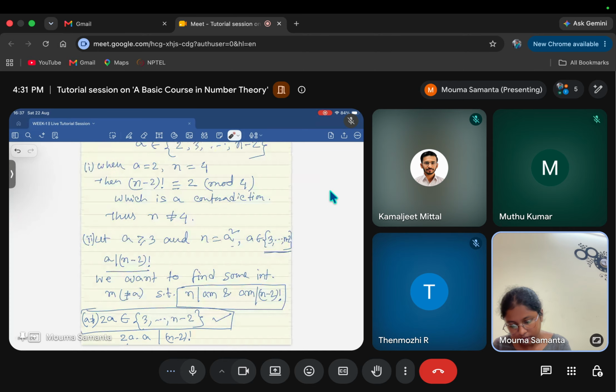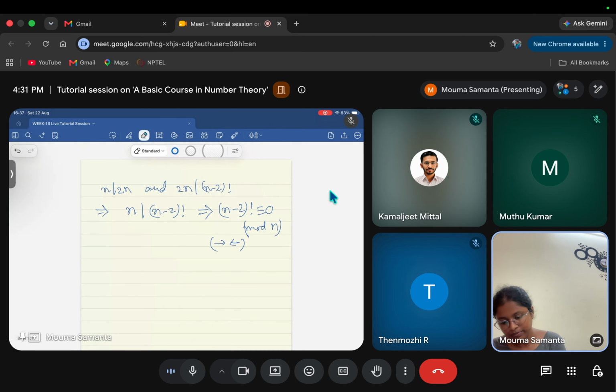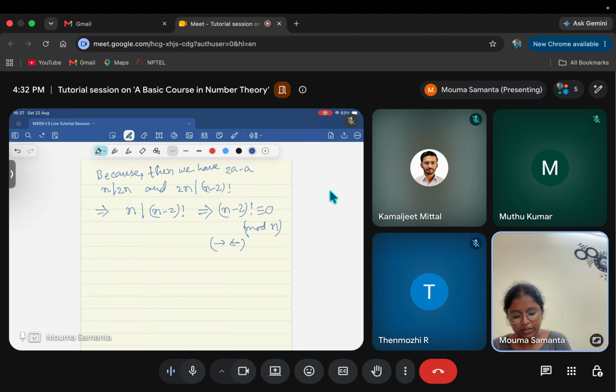Now we can write it as: it is enough to show that 2a belongs to this set, because then we will have 2a times a, that means 2a squared, divides (n-2)!.